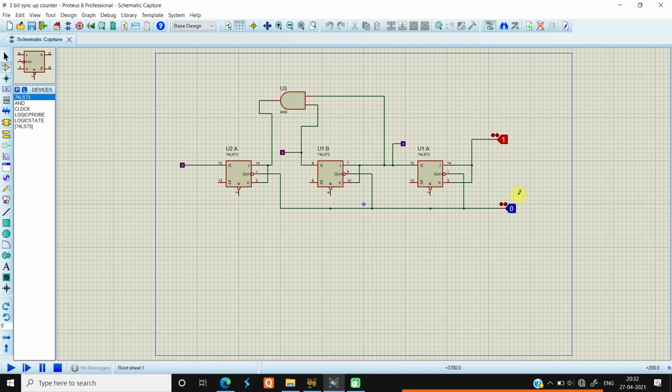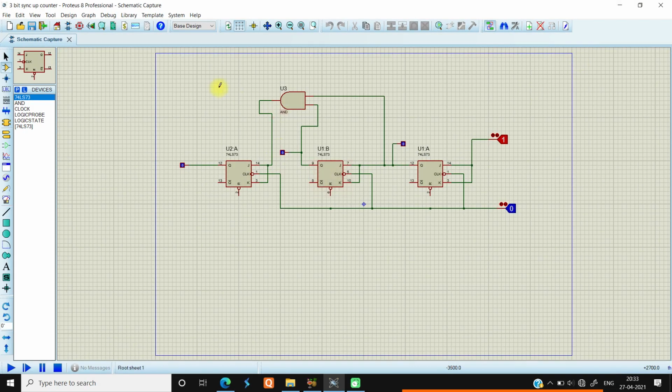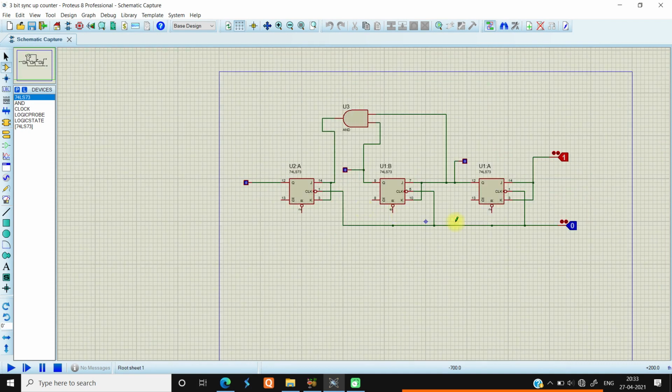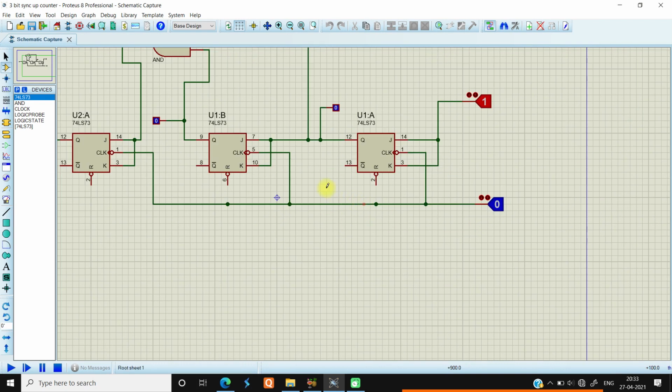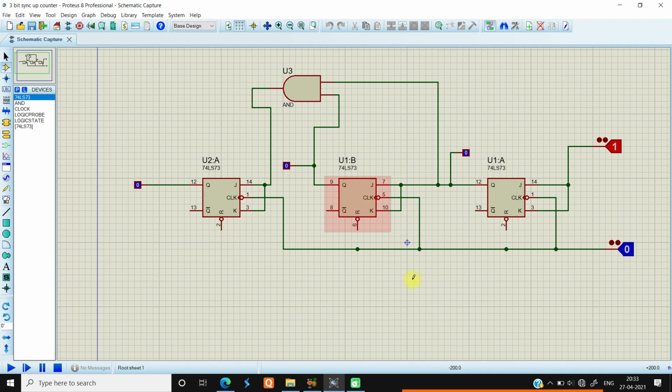I have connected the particular circuit using this circuit diagram that we have derived from the design tables, and I have made the connections for you. So now we are going to just simulate this particular circuit, so we will know what is the particular output that we come across.